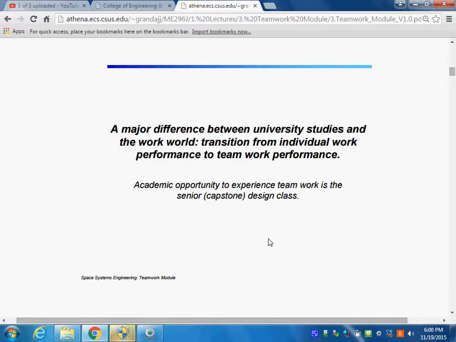And I think those of you who have managed teams understand this really well. Because you see, when you're trying to get something done in industry, the project usually is big. You cannot do it by yourself. So you have to rely on other people to help you.